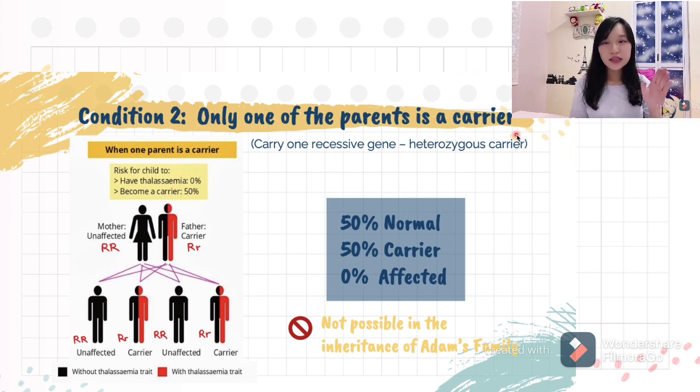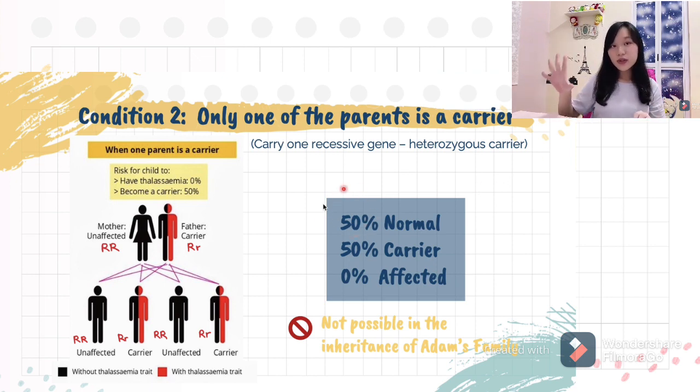The parent who is a carrier carries 1 recessive gene in their gene pair, so they are heterozygous carriers. In this mode of inheritance, they will produce children who are 50% normal and 50% carriers. And in this condition, there will be no children affected with this disease, for example, thalassemia.